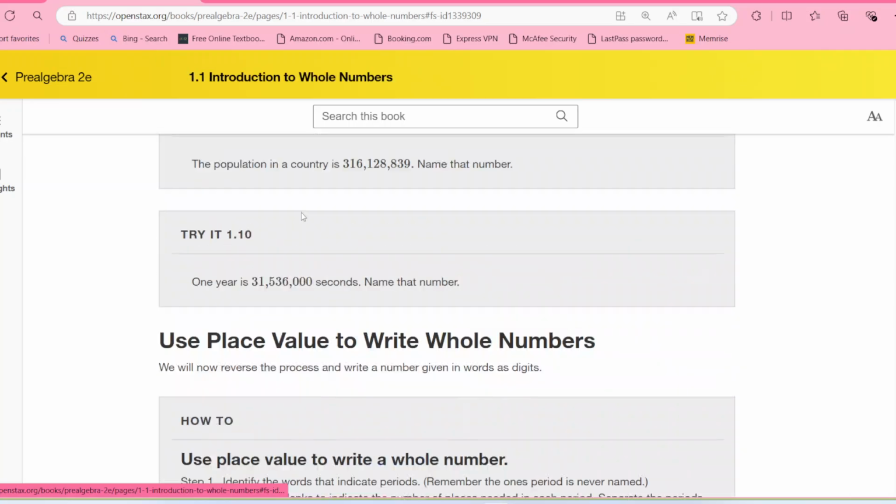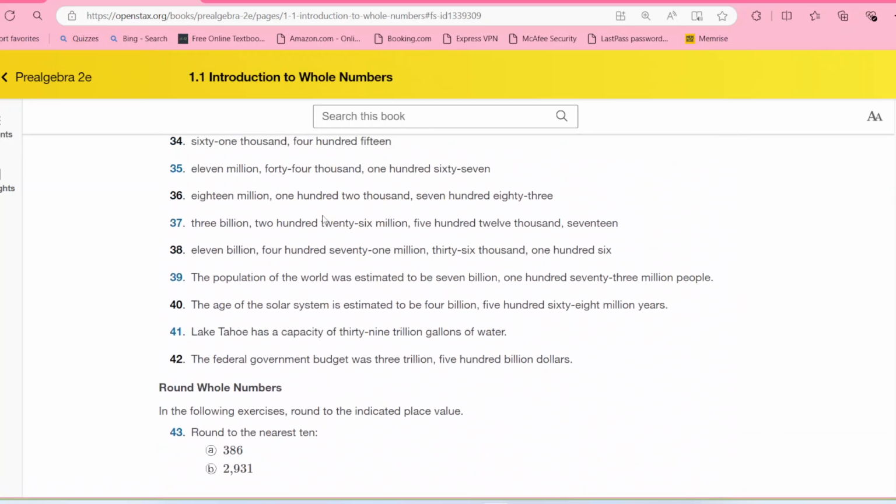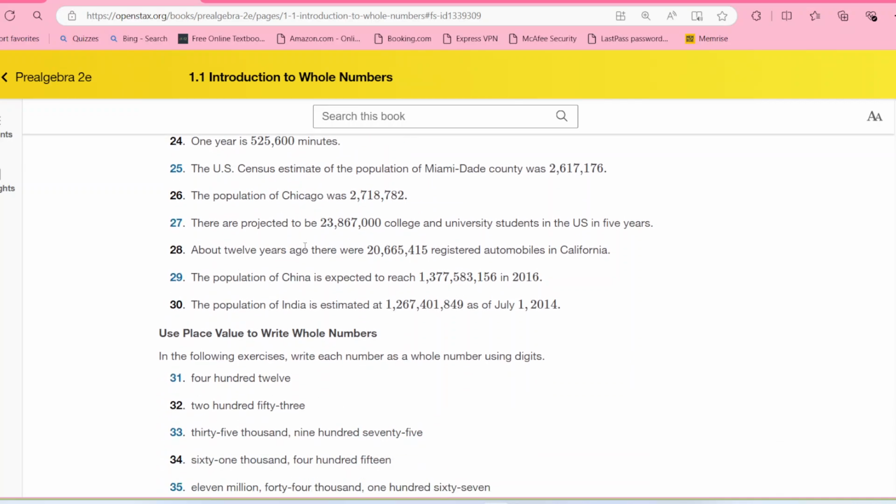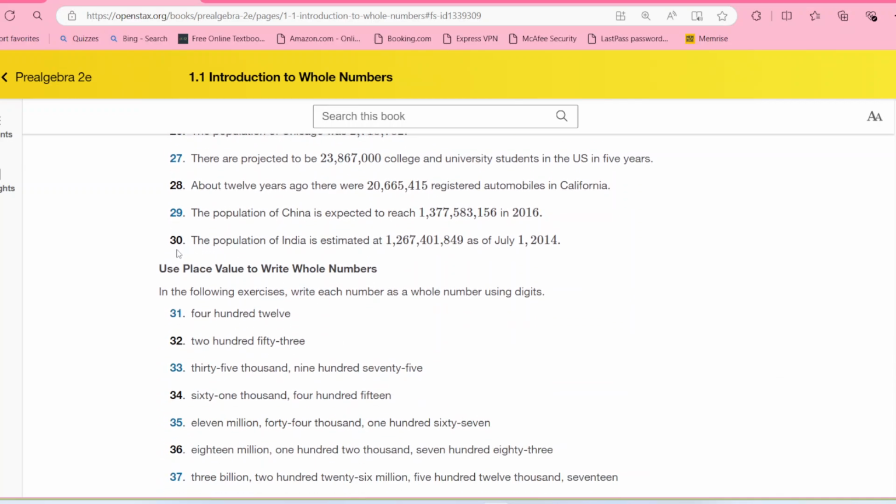All right, and now finally, number 30, the last of these use place value to name whole numbers exercises. The population of India is estimated at, again, we have the 3 commas, so 4 periods with the billions on the left: 1,267,401,849 as of July 1st, 2014.